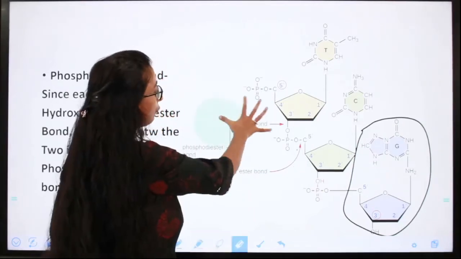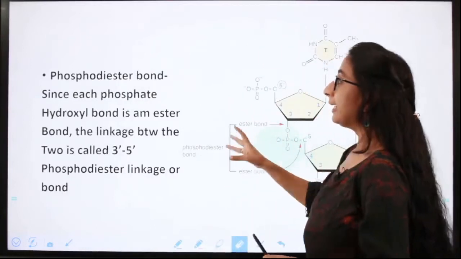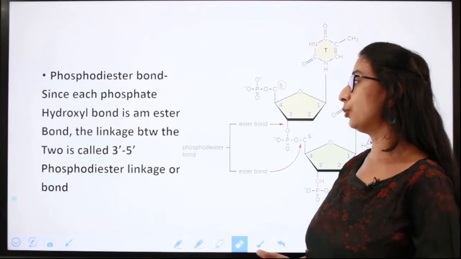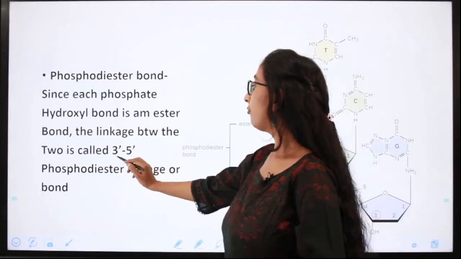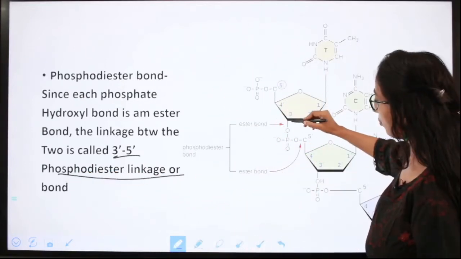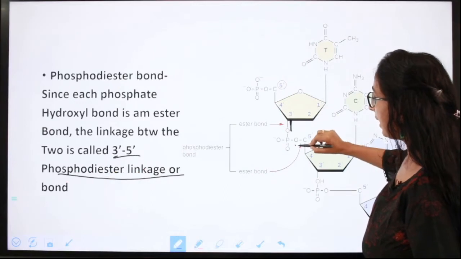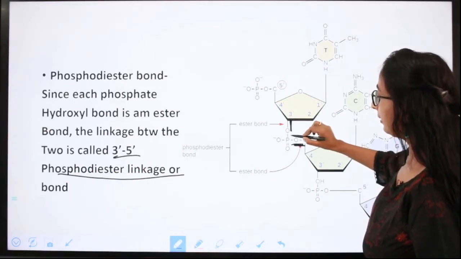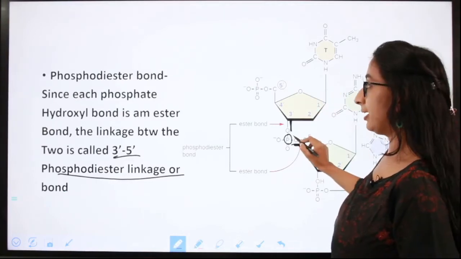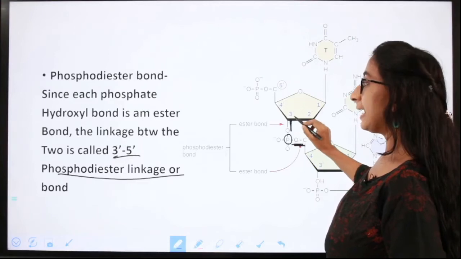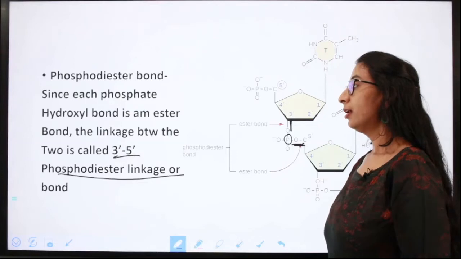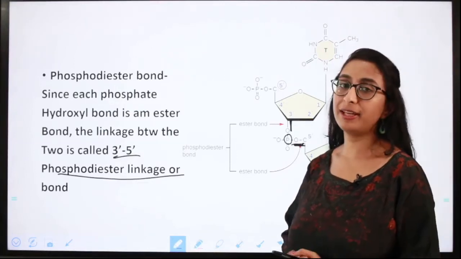So why do we call it a phosphodiester bond? Because each phosphate hydroxyl bond is an ester bond. Here you can see this is one ester bond and this is another ester bond, and here we have the phosphorus, isn't it? Since each phosphate hydroxyl bond is an ester bond, the linkage between the two is called the 3' to 5' phosphodiester linkage or bond.